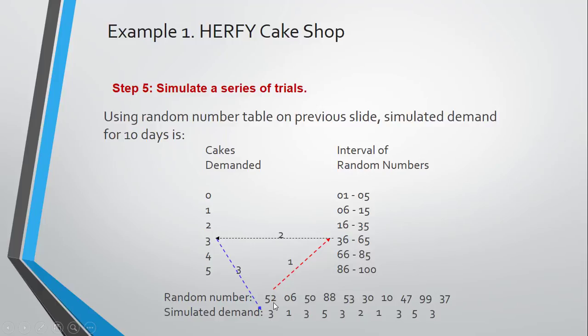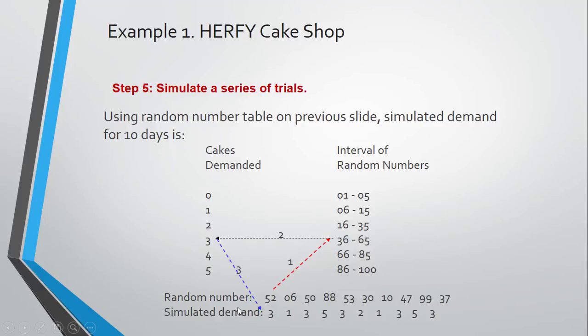When the random number is 06, where do you go? 06 is between 6 and 15, so you get 1 cake sold. When the generated random number is 50, it is again in 36 to 65, so it's 3. When the generated number is 88, it's between 86 and 100, so you have 5 cakes sold, etc.